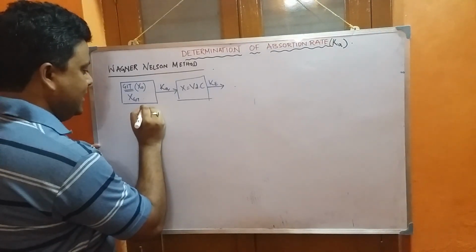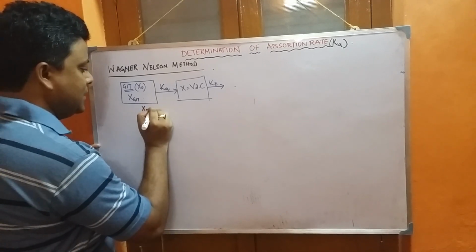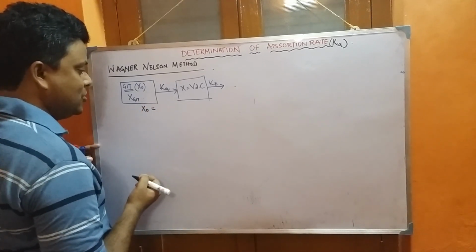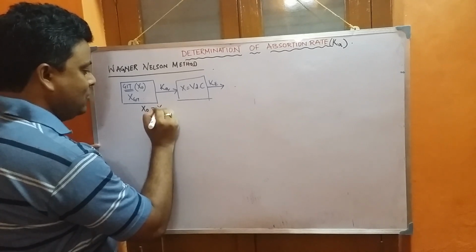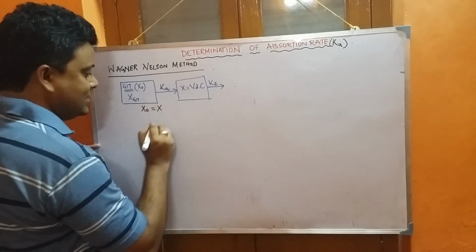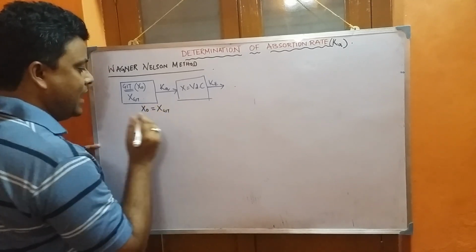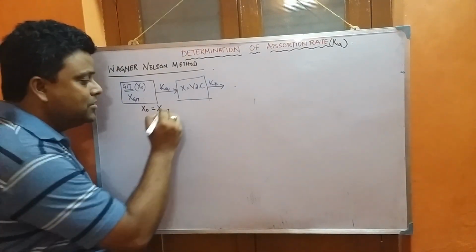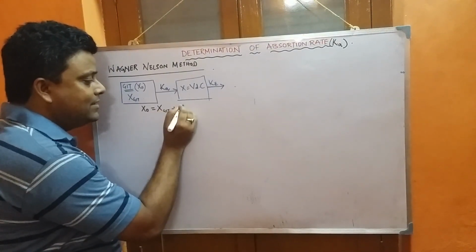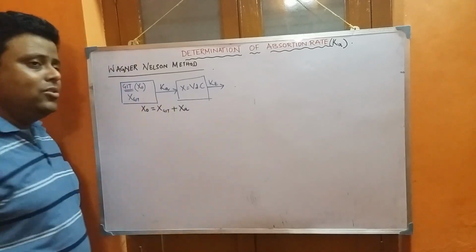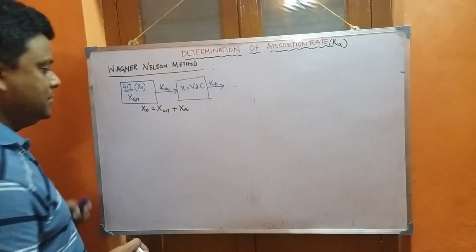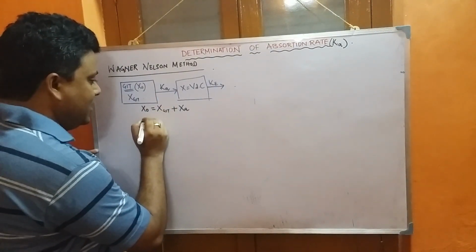X naught is the amount of the drug which is present in the systemic circulation, and that equals X GIT, that is the amount of the drug which is unabsorbed, plus XA, which is the amount of the drug which is absorbed. Now which drug is absorbed?